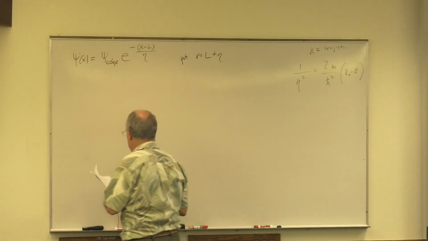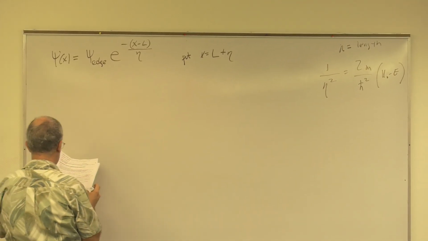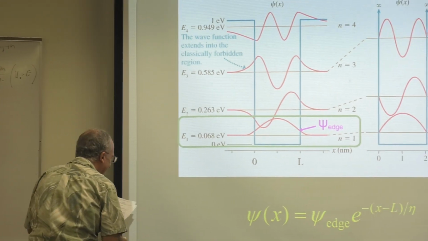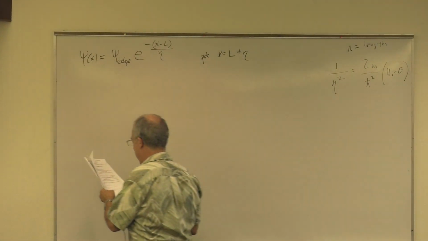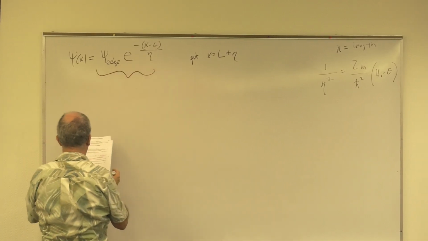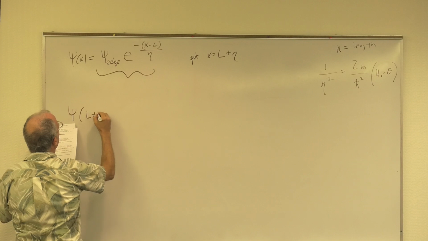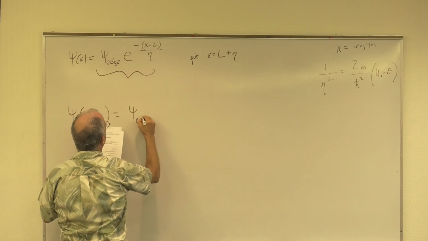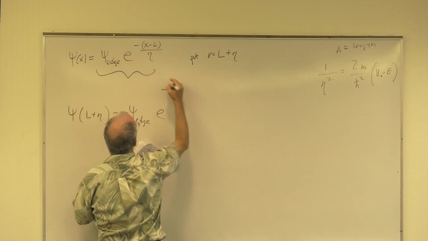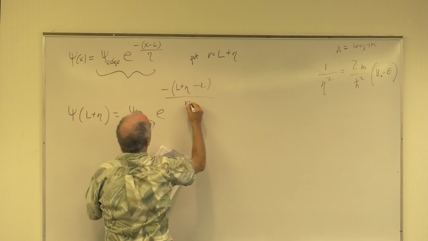Okay, let's do it. So we're going to have psi of L plus eta equals psi edge e to the minus parentheses x, L plus eta, minus L divided by eta, right?